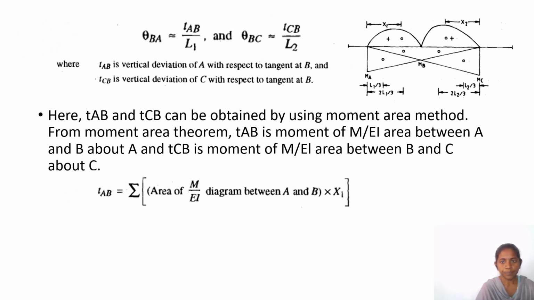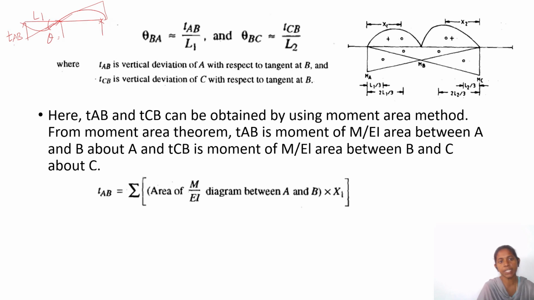Now from this triangle, this is our beam. We have our rotation like this and also the deflection like this. If you take TAB as the deflection for the span L1, theta equals opposite by adjacent.